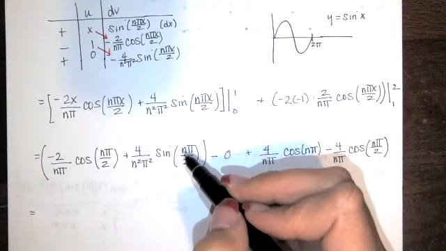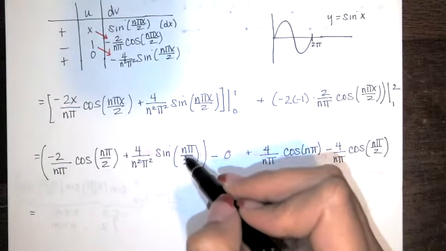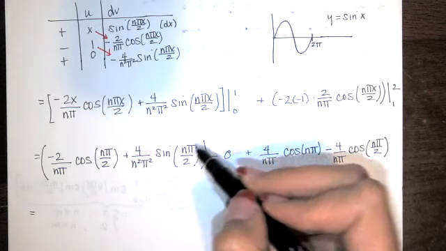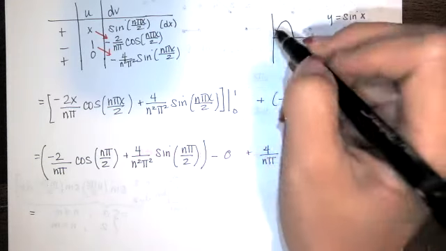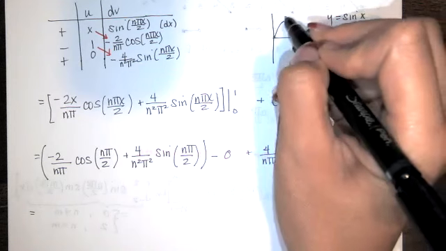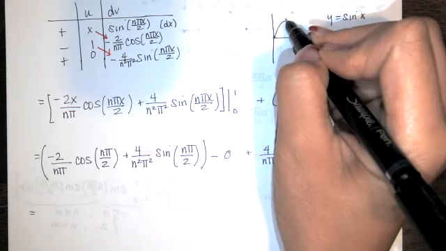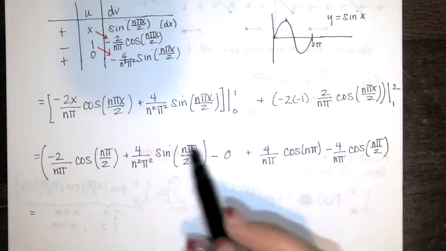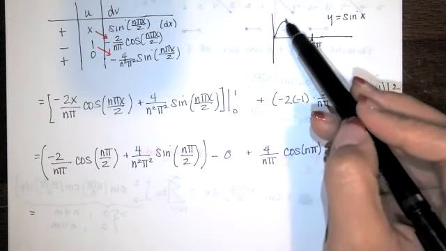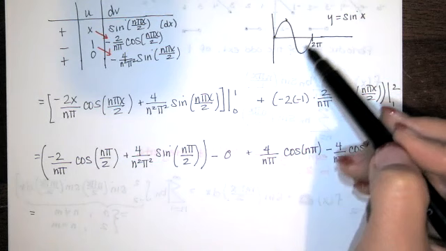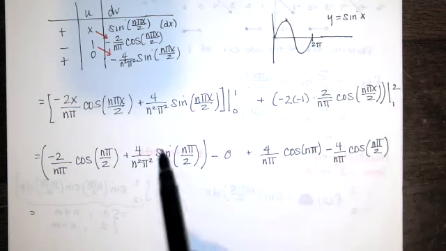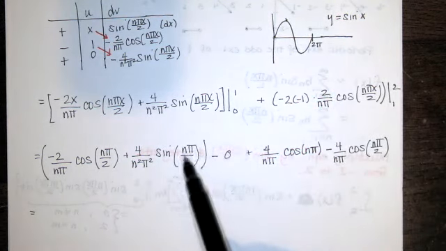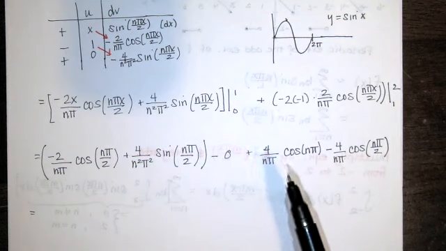Now, if n is an integer, when n equals 0, we'll get 0. When n equals 1, we'll have pi over 2 for that angle. When n equals 2, we'll get 0. So this is actually going from 0 to 1 to 0 to negative 1 to 0 as the angle changes by pi over 2 radians every time.